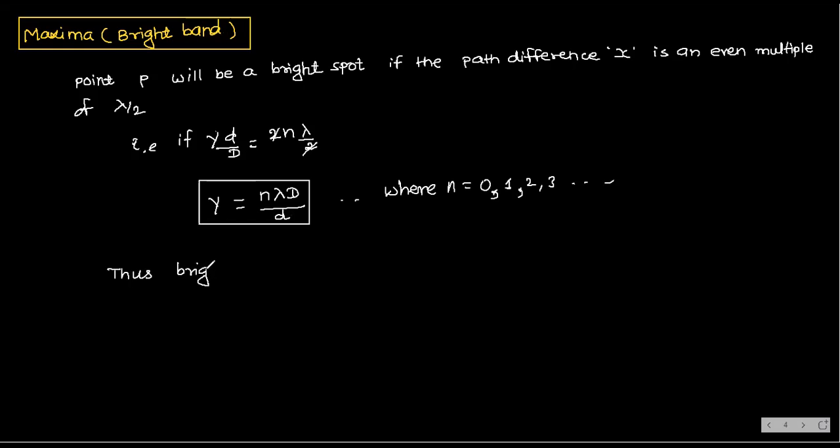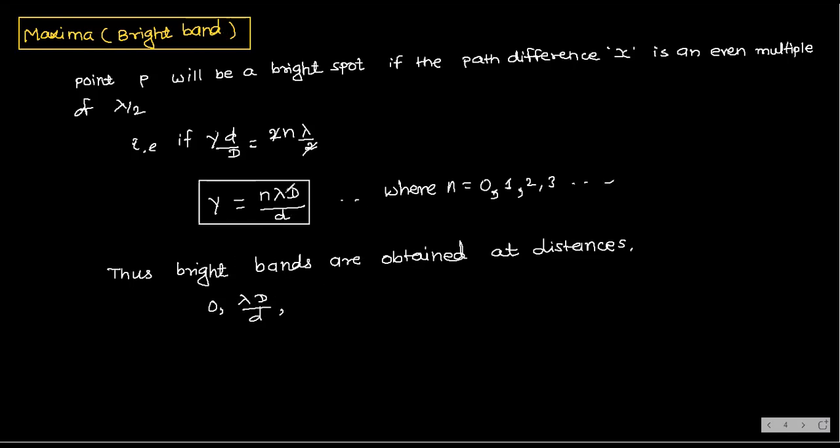Thus bright bands are obtained at distance zero, comma, lambda D by d, right? n is equal to 0.